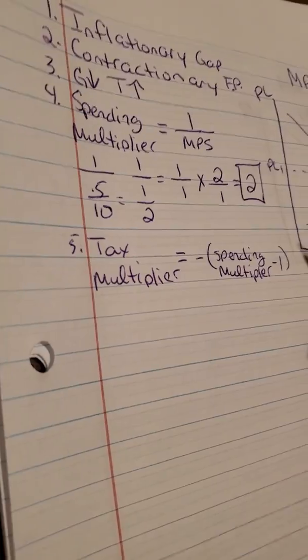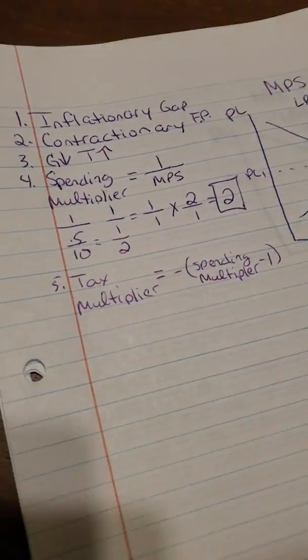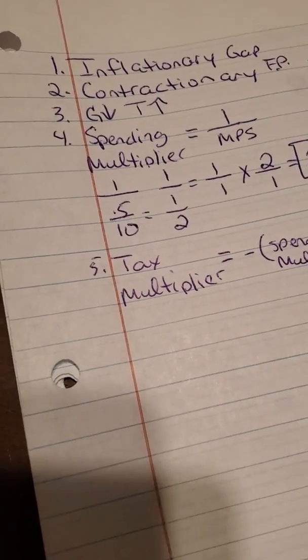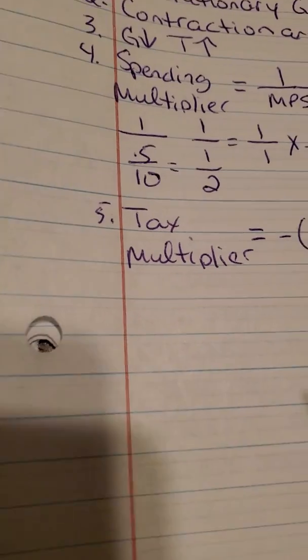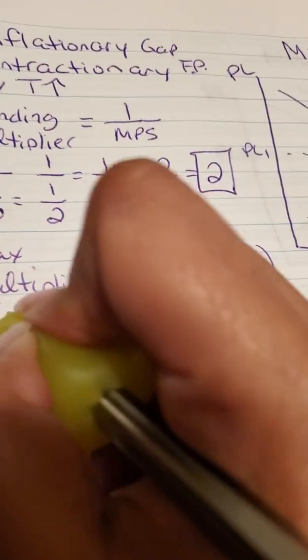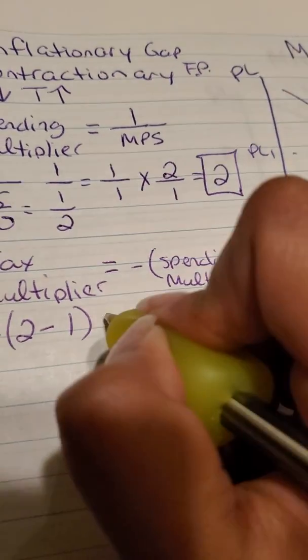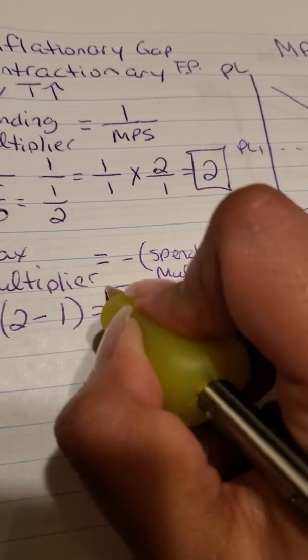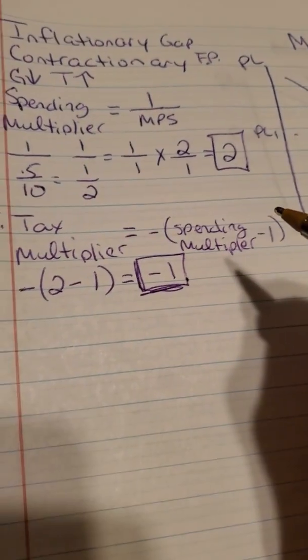So negative, the spending multiplier was 2 minus 1 gives us a tax multiplier of negative 1. Okay, number 6.